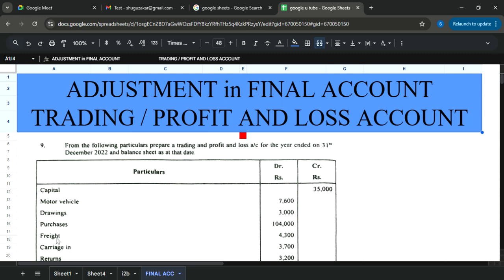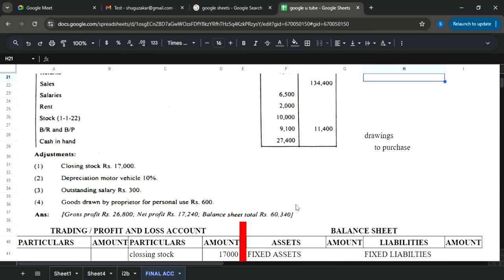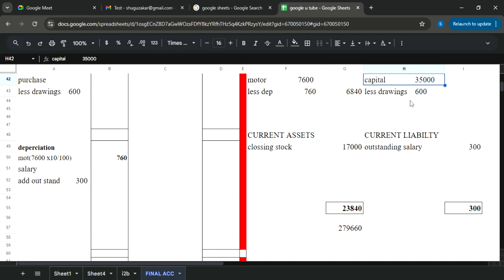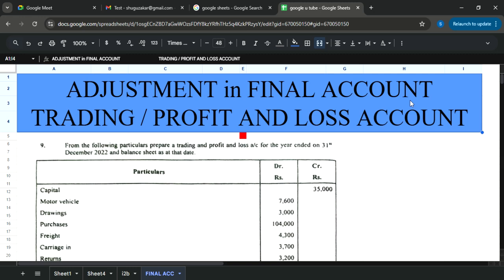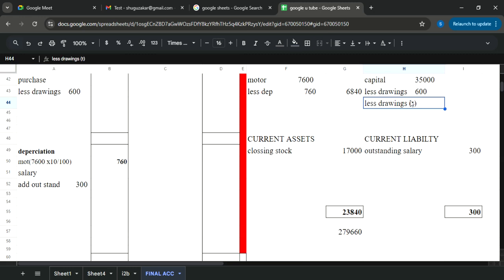After motor we have drawings 3000. This time we have several adjustments related to capital less drawings, and this drawing is present in the trial balance. The value of this drawing is 3000, so you will post 3000 over here.